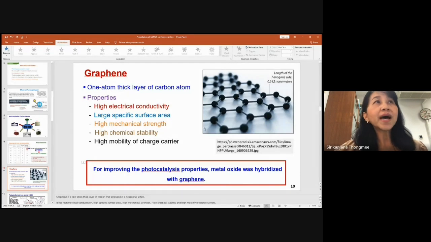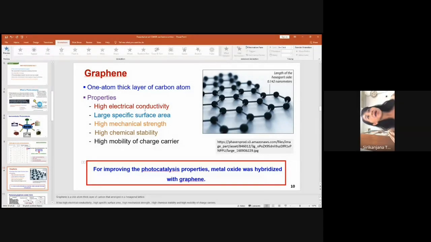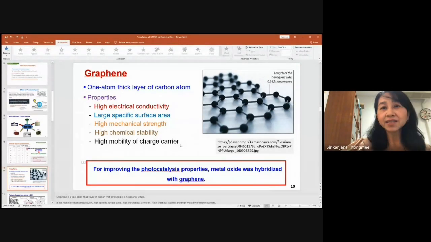You also know that graphene is a one-atom-thick layer of carbon atoms. The properties of graphene are high electrical conductivity, large specific surface area, high mechanical strength, high chemical stability, and high mobility of charge carriers.